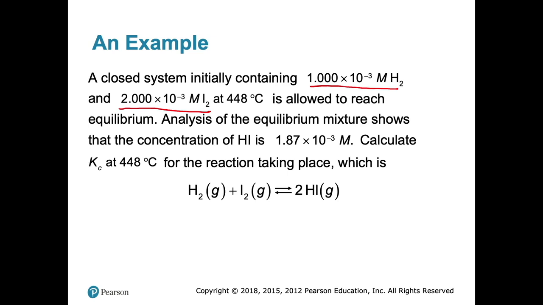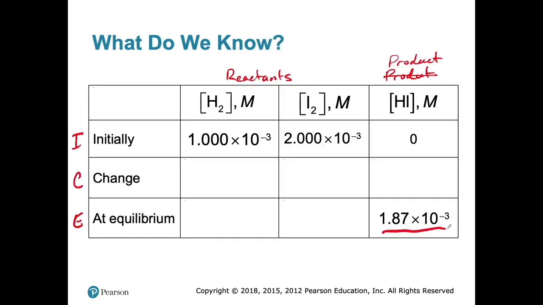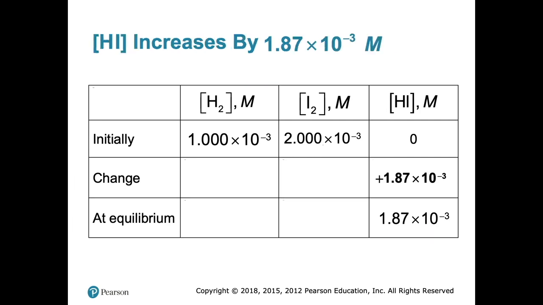So this number is what goes here, because at equilibrium, hydrogen iodide gas is 1.87 times 10 to the negative 3. That's how you start out doing an ICE table. You plug in all the stuff that you know.